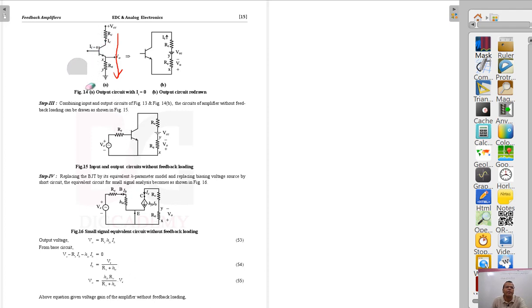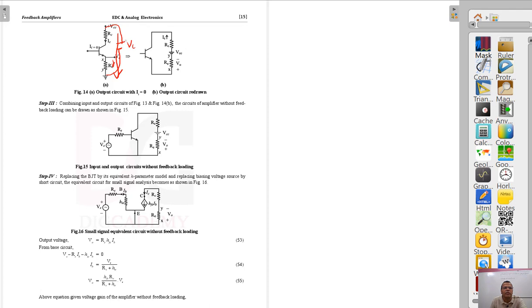Now let us see the output side. When the input circuit is opened, the current coming from the collector side is IC. Since we have set Iin equal to 0, it will be the collector current only. Now you can take this side upward, this side downward, and that voltage can be connected like this, that voltage VC. RC is taken like this.